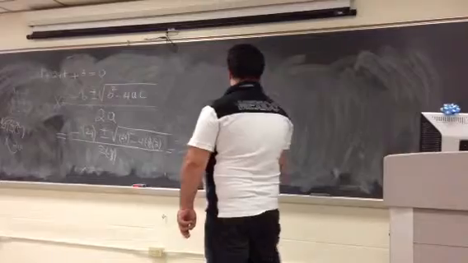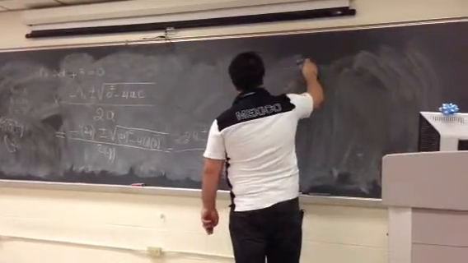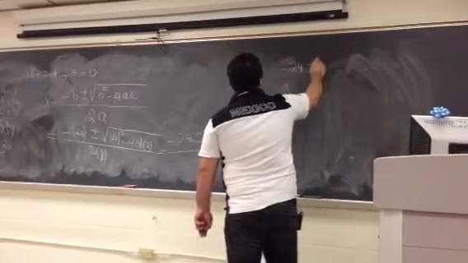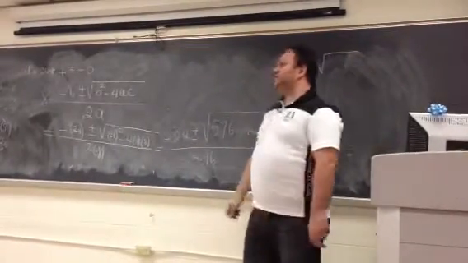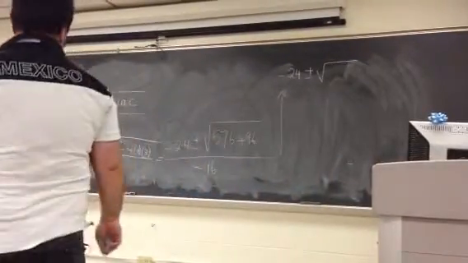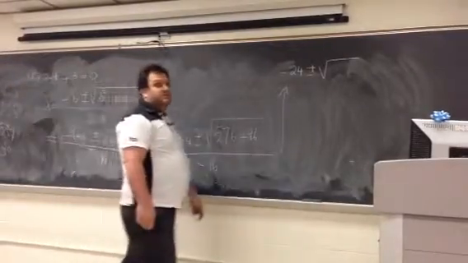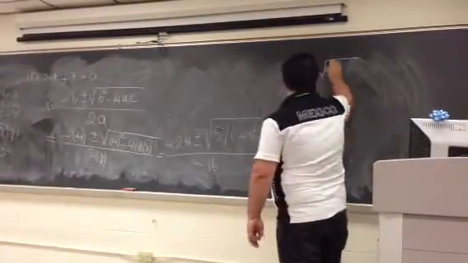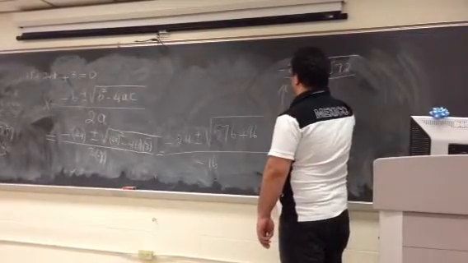Now let's talk. This means negative 24 plus minus square root. What is 576 plus 96? 672, divided by negative 16.